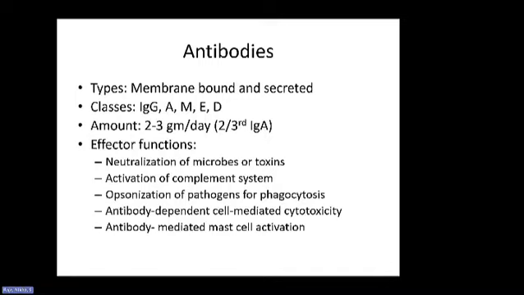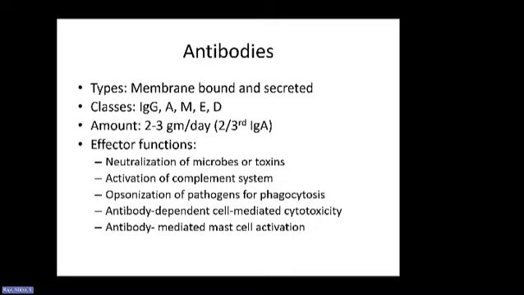There are 5 different classes of antibodies that are known: IgG, A, E, M, and D. About 2 to 3 grams of antibodies are produced every day, and 2/3 of which are immunoglobulin A, most of which is produced by the plasma cells in the gut and released into the lumen of the gut. So the most prominent antibody, if you take the whole body, not just the blood circulation, is IgA.